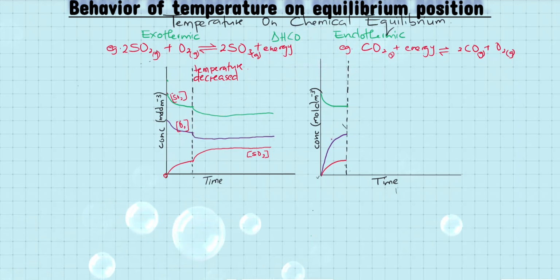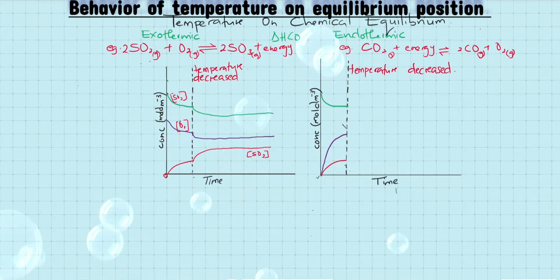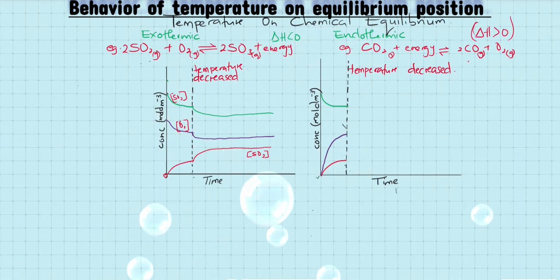See the behavior in the endothermic reaction. Temperature decreased, if the delta H is greater than 0, the concentration of products is going to decrease, while the concentration of reactants will increase. In this case, carbon dioxide is the only reactant that we have.